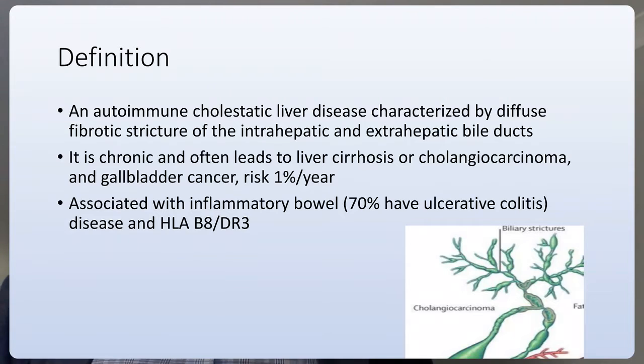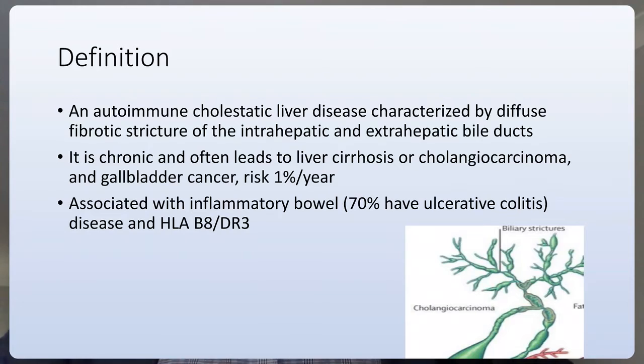Occasionally, the patient could present with a single dominant stricture, and that can be problematic because when we see a single stricture, the likely diagnosis is a cholangiocarcinoma. But in the majority of cases of primary sclerosing cholangitis, the process is diffuse and involves the intrahepatic and extrahepatic biliary tree.